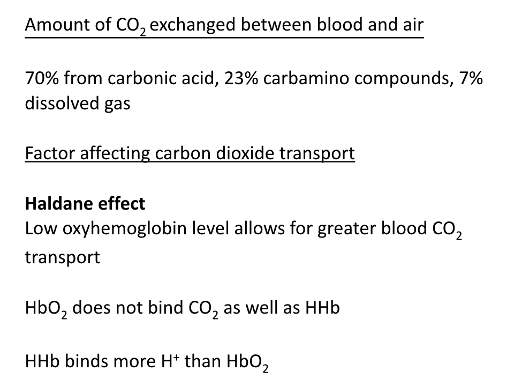HbO2 is oxygenated hemoglobin. So if you have low oxy, you have high deoxy. And oxyhemoglobin does not bind carbon dioxide as well as the deoxyhemoglobin. So the more deoxy you have, the more CO2 transport you can do.